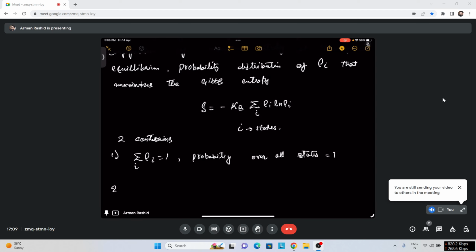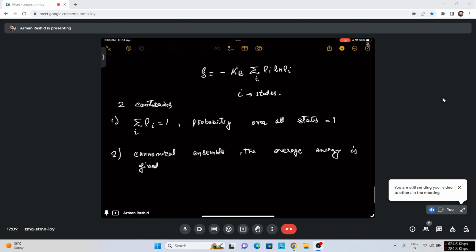The second constraint is that in the canonical ensemble the average energy is fixed because there is no exchange of energy. As a result, the average is fixed. So the average energy is given by summation over i of rho i E i, which is U.